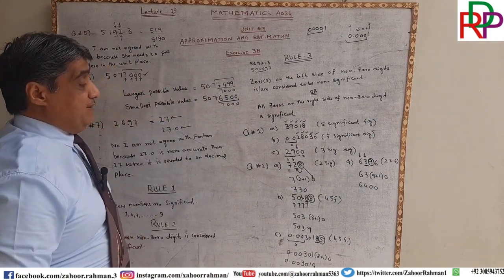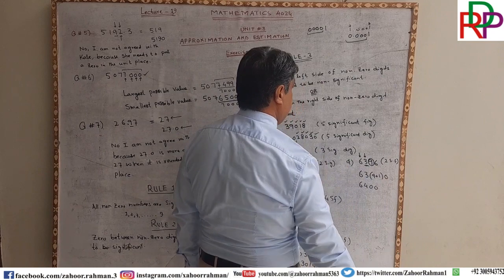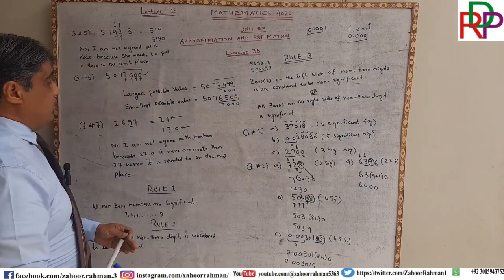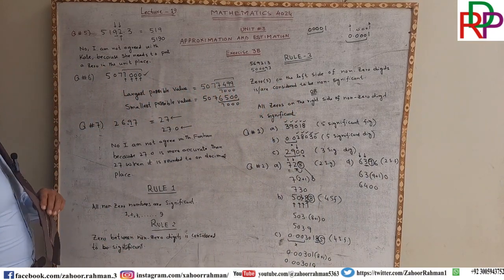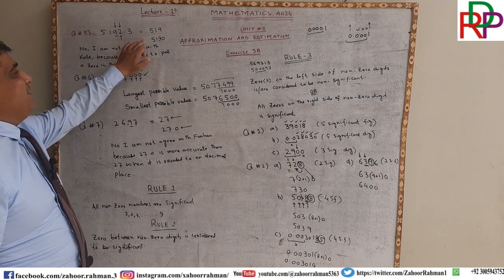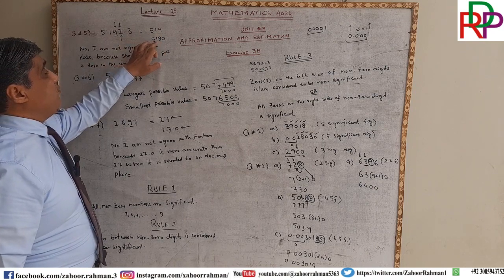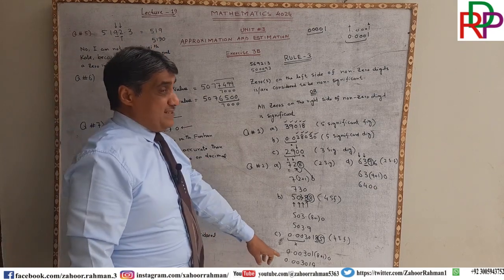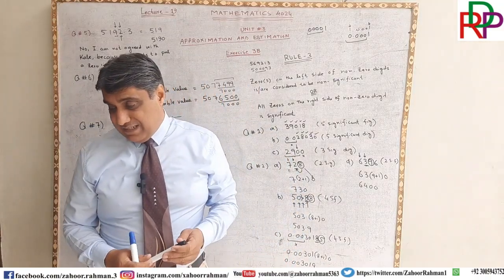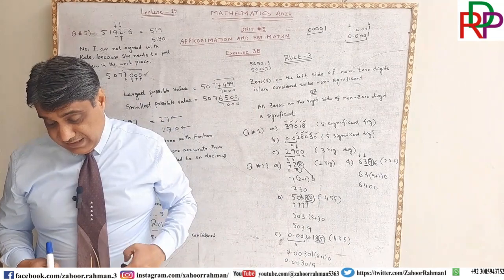So 39 will become 40, and that 0 you cannot ignore. You cannot ignore it because it was said in the earlier example as well that 519 is wrong. 5190 is the correct answer. 6400 is the correct answer.